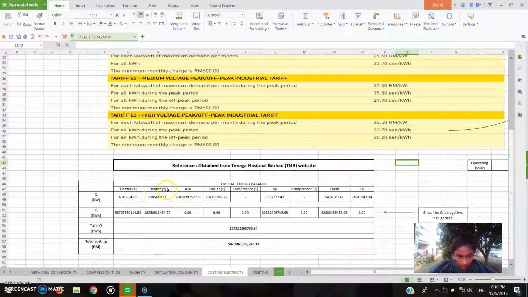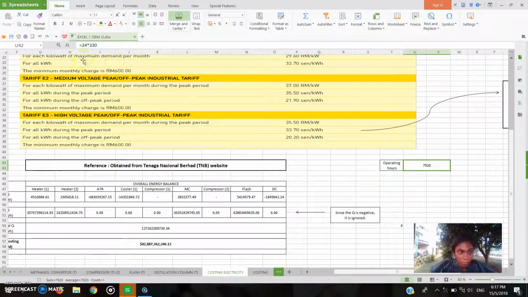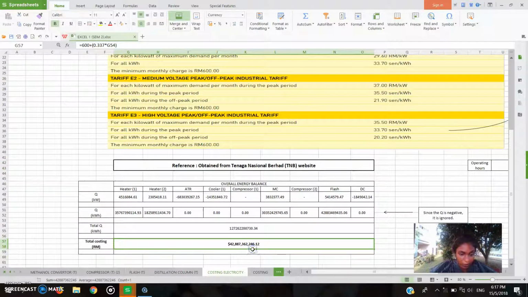Those with negative values are not counted because they are neglected. Only the positive values of Q are used. For the compressors, it is work shaft, so nothing to do with Q. We sum everything up and multiply by our operating time, which is 24 times 330, and we get the cost of electricity.